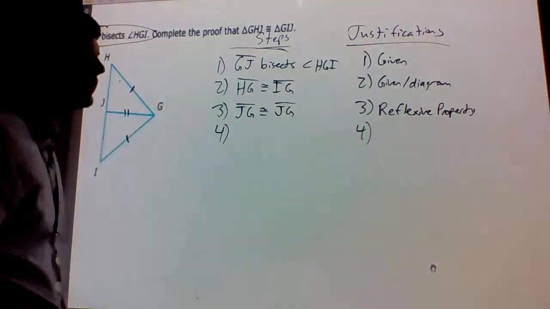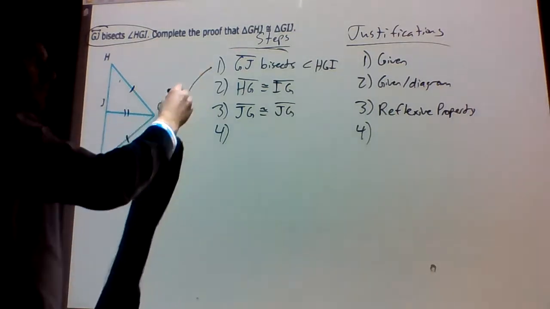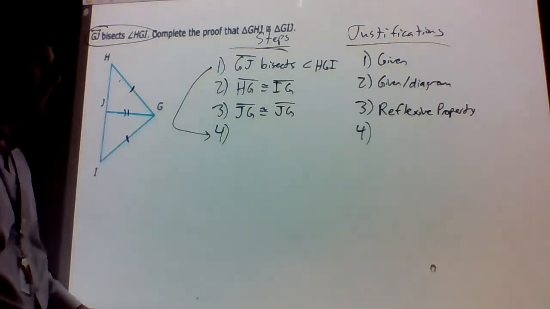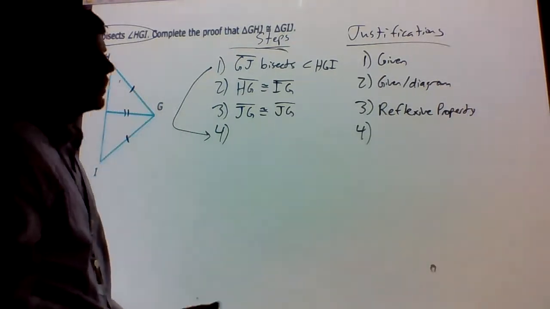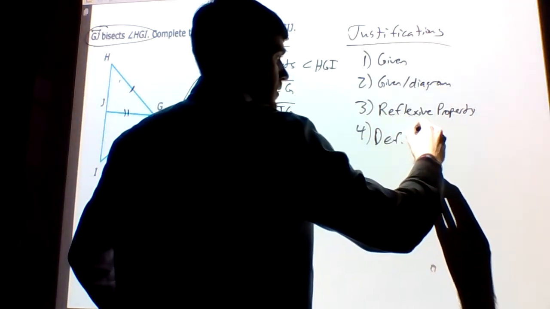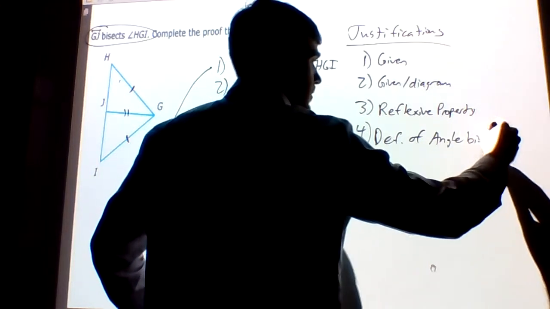So we've written the givens. We've looked for shared sides or vertical angles. Step 3 in the process, use your givens. So let's use our first given. JG is a bisector of angle HGI. So we know right off the bat we're using the definition of an angle bisector.